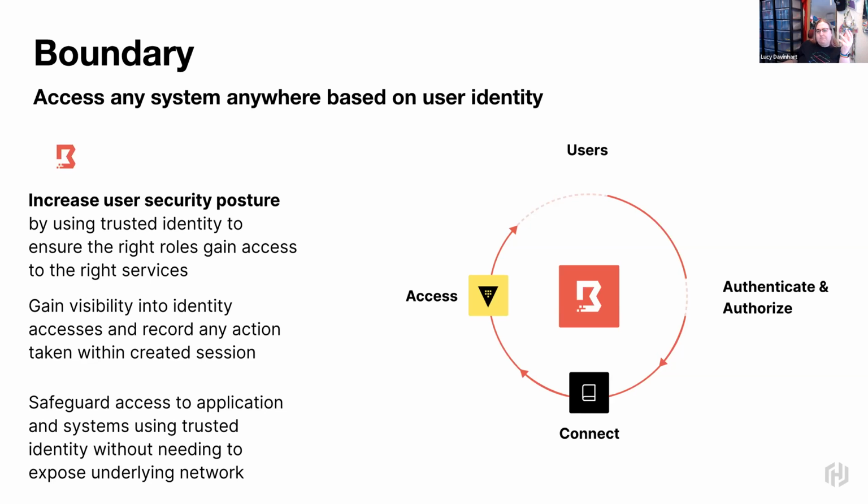And admins benefit from Boundary's ability to automate the connection between the user and the host they're trying to get to by some sort of continuous service discovery and access configuration as workloads get deployed or updated.